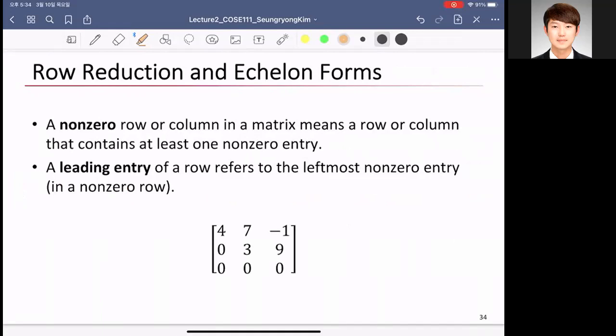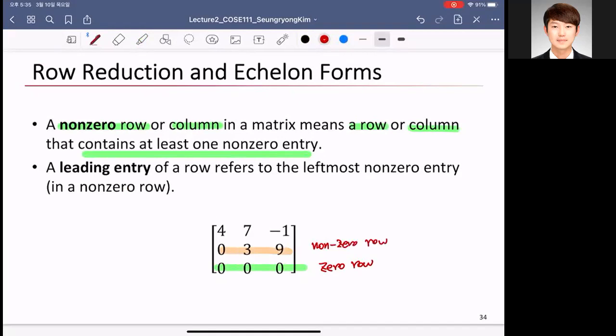So here we have to define two more concepts. Non-zero row or non-zero column in a matrix means a row or column that contains at least one non-zero entry. So for example, this one is a zero row, but this one is a non-zero row.